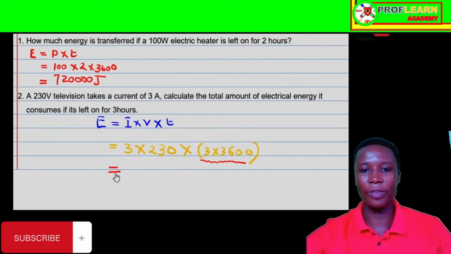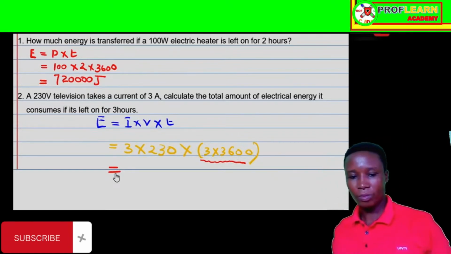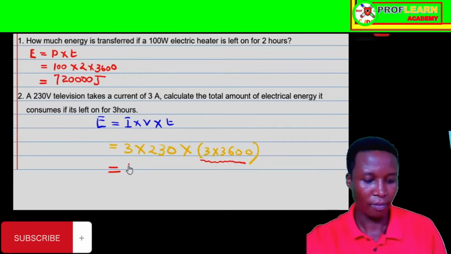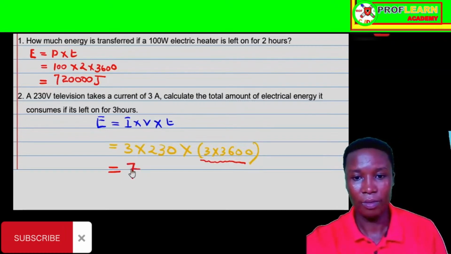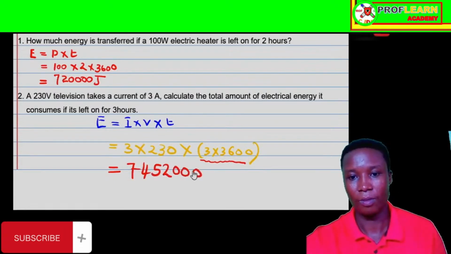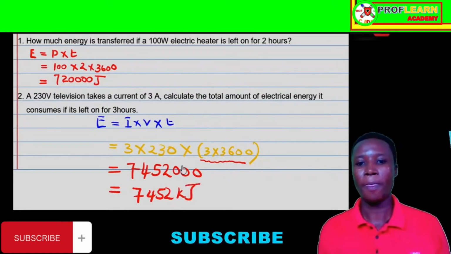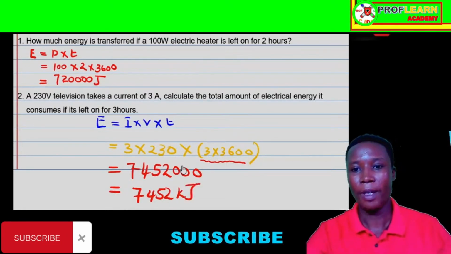So if we work this out using our calculator, we're going to get the answer. And this we can write in kilojoules as 7,452 kilojoules, because we just need to divide this by 1,000 and we get the answer.